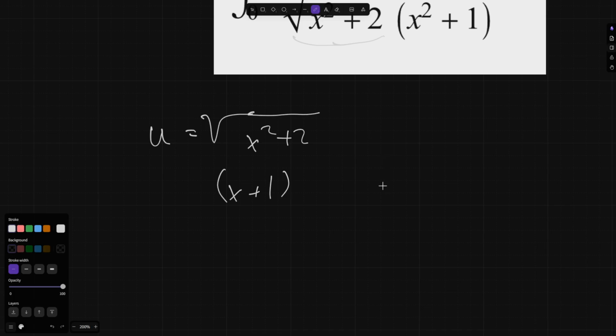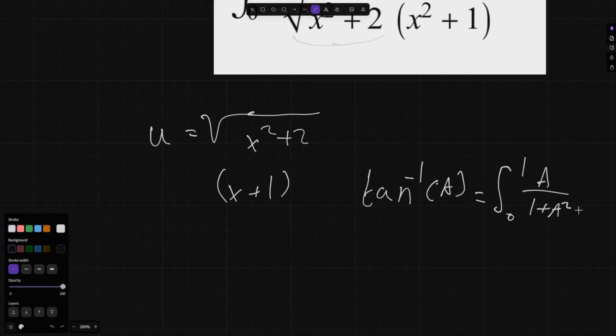So we will start off with arctan of a, which is going to be equal to the integral from 0 to 1 of a over 1 plus a squared y squared dy. So this is our key.